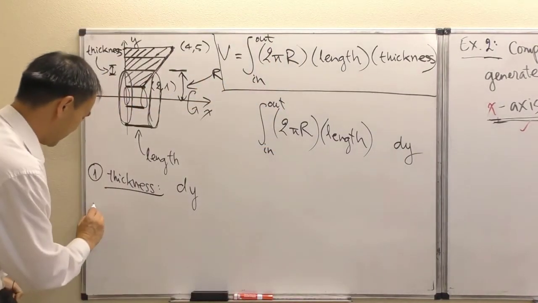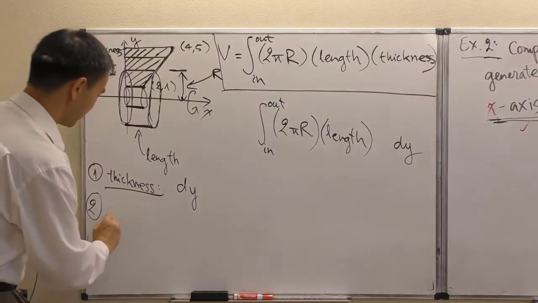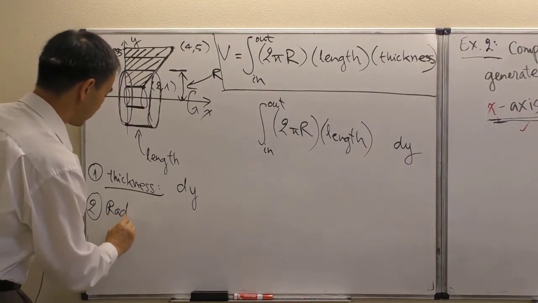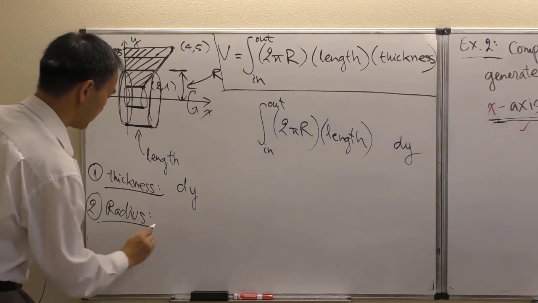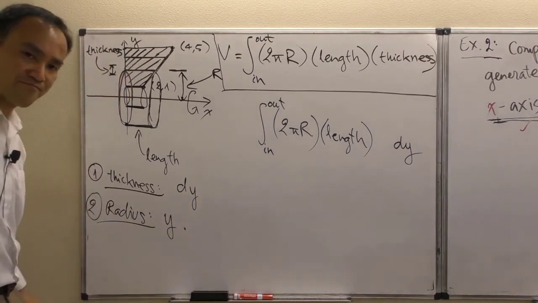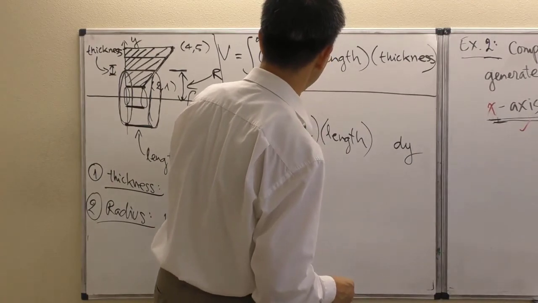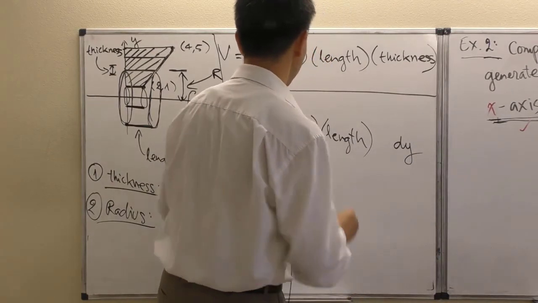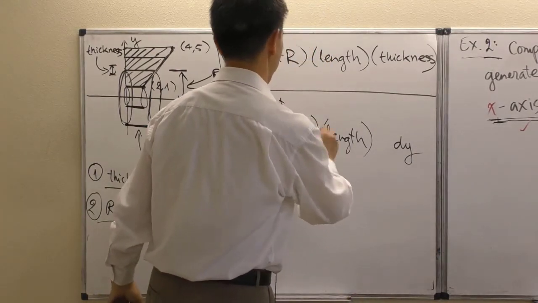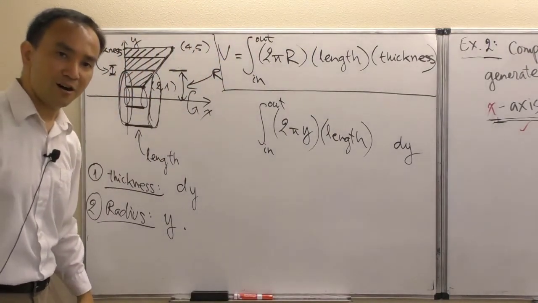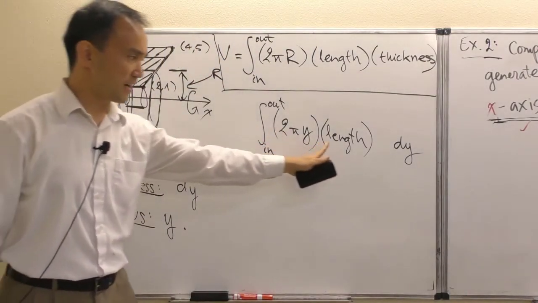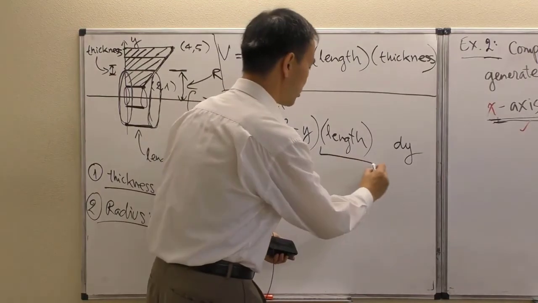This is number 2 right here. That's radius. So now that's simply y. Now I'm going to fill into my expression: it's 2 pi radius, but now the radius is y. 2 pi y.